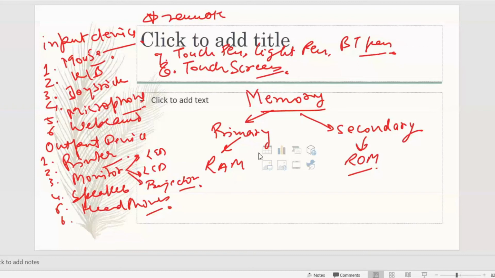Fine. IPC, instructions per cycle: how many instructions a CPU is capable of executing in a single clock cycle. This is called IPC, a measure. Right. Clock speed is the number of operations per second the processor can perform. This is the speed of your clock. Sometimes it is mentioned in megahertz, sometimes in gigahertz.